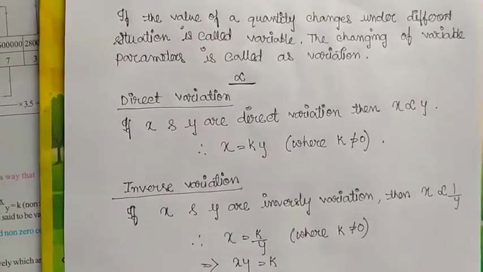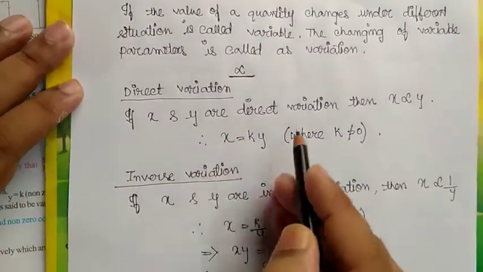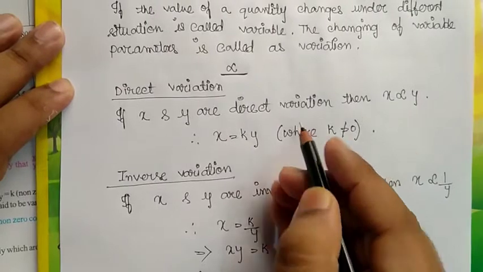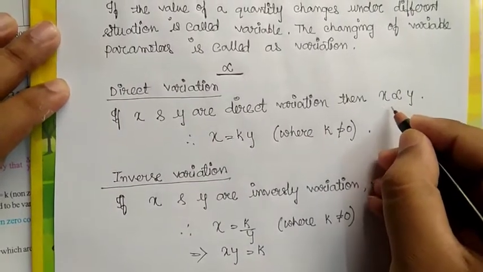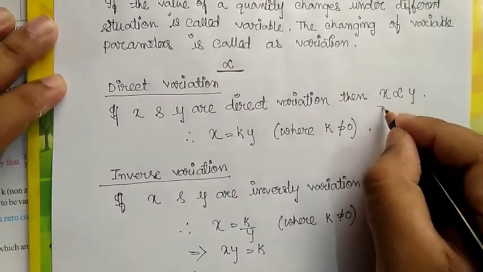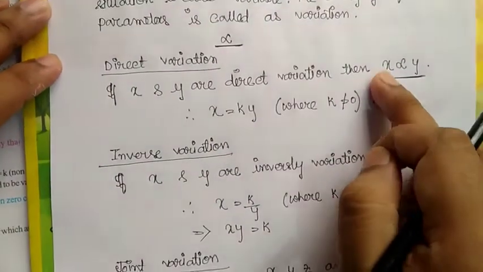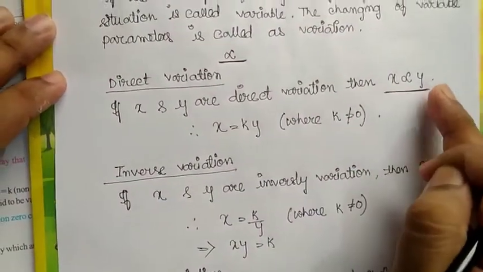Direct variation. If x and y are in direct variation, then we can write it in this procedure: x varies as y.